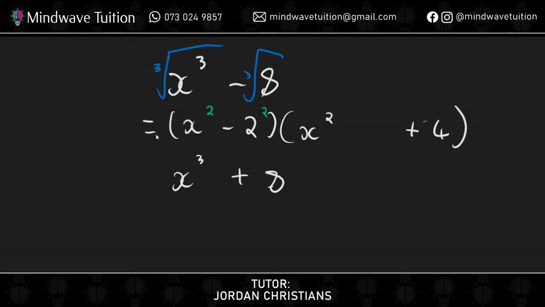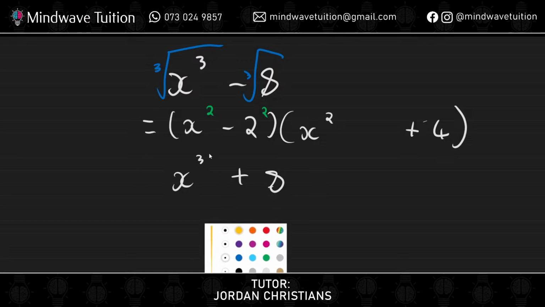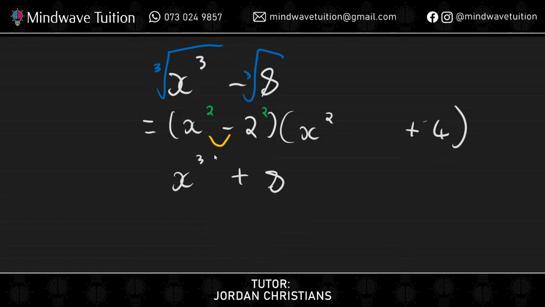So now what goes in the middle is the product of the two with the opposite sign. So x times 2 will give me 2x, and we have to put the opposite sign as the middle term. So the opposite sign will be positive, and that will give me plus 2x.